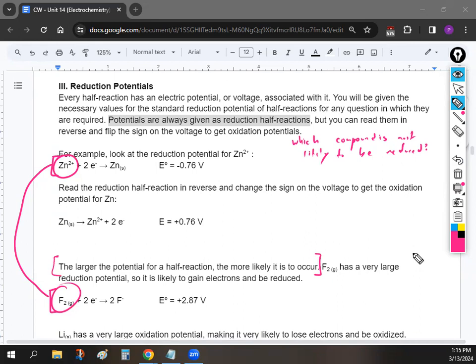It's about the charge moving. So just keep that in mind. You want to make sure you set it up so that you have a more positive electrical potential. It's the same thing for oxidation. You just want to make sure that this E value is as positive as you can get it. Whichever one is most positive is the one likely to happen.